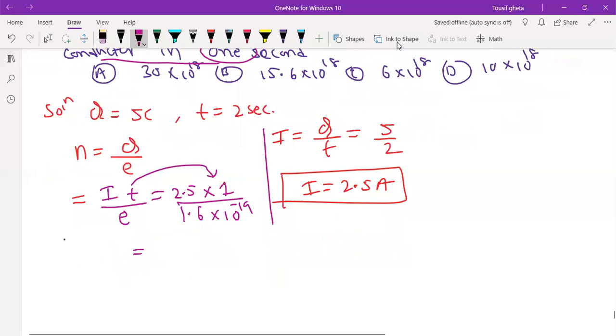If you multiply with 10 and divide by 10, you will get 25 divided by 16. This 10 raised to 19 you get in the numerator. So 25 divided by 16, if you divide, what will you get? Check. What will you get? Check out.